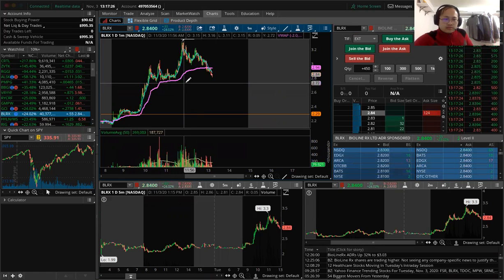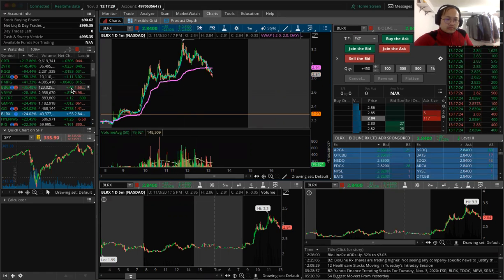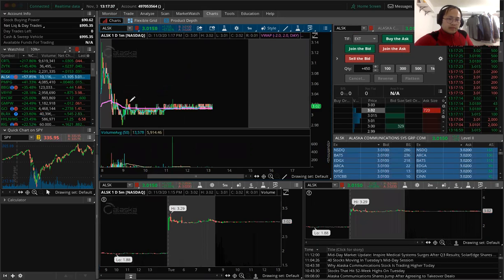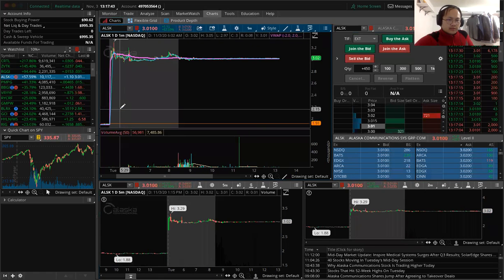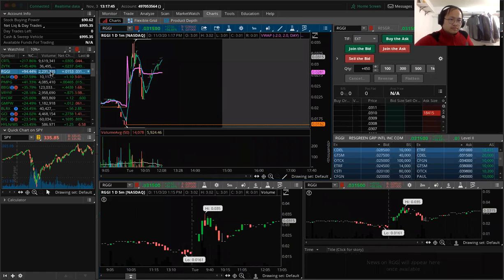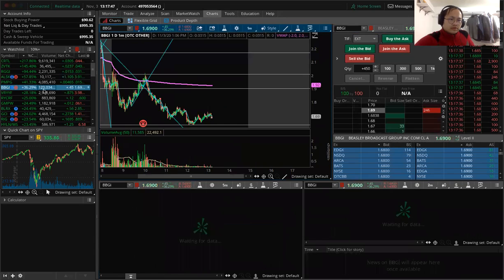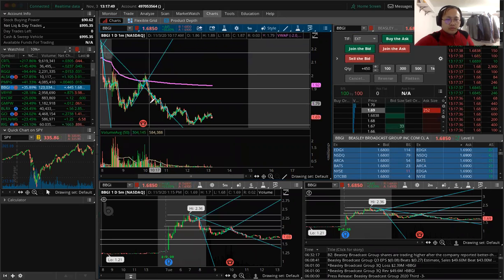Just cutting my losses, even in a flush, doesn't hesitate to actually cut it. But my profit taking needs some work, and my entries need some work. So overall, okay trades.